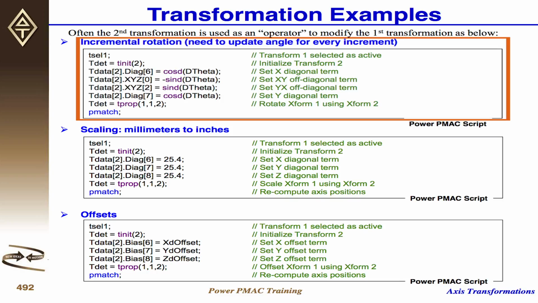Initially, I select transformation 1, and then I initialize transformation 2, and I put these rotation data in transformation 2. And then I say tprop 1, 1, 2. So I multiply 1 by 2, and then put that back in 1.